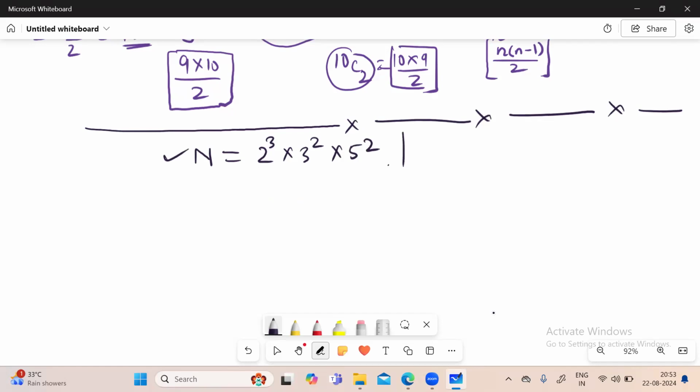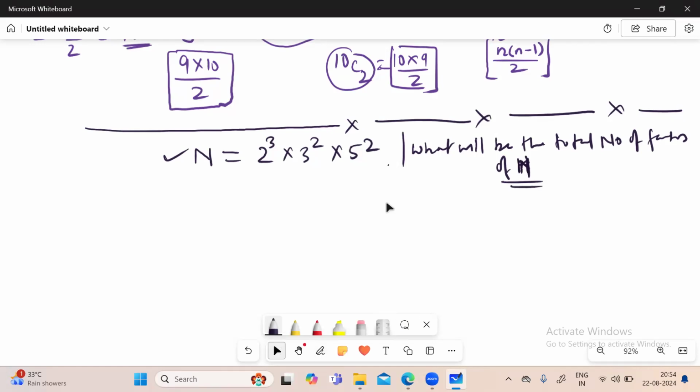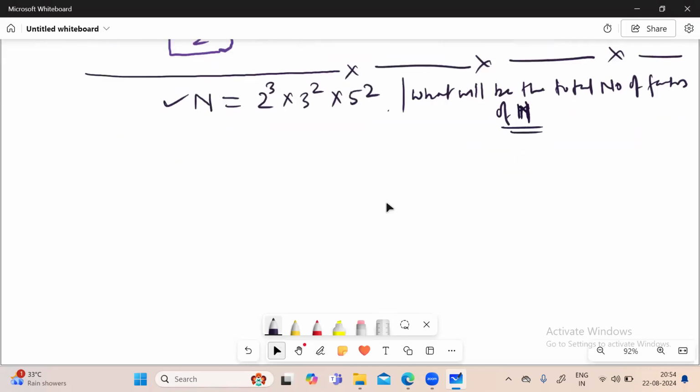And if somebody is asking what will be the total number of factors of n, तो क्या होगा?